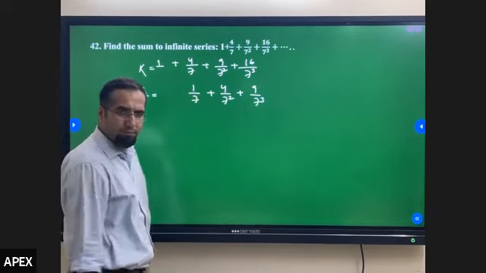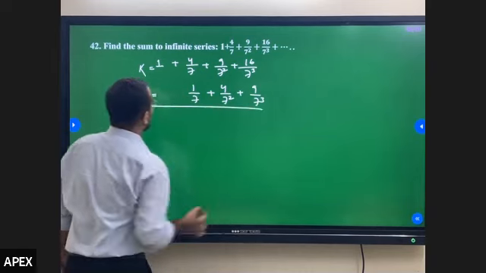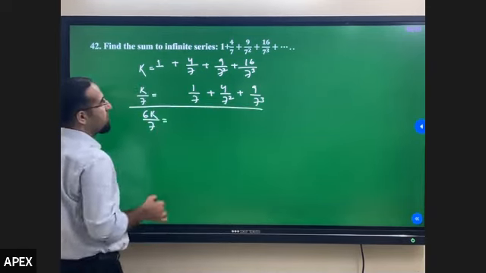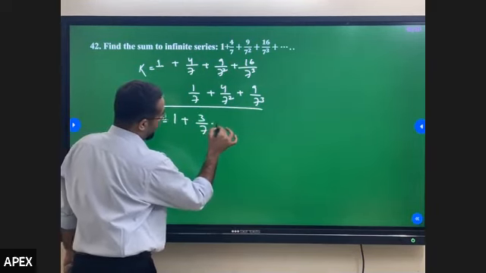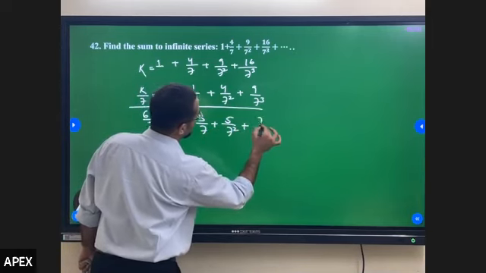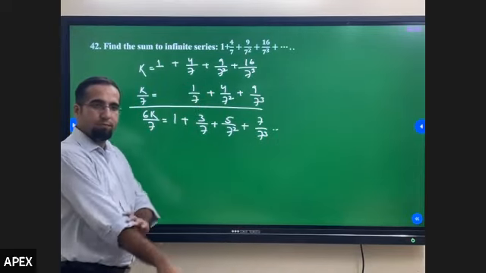If I quickly subtract these two, what do I get? I get 6k by 7 equal to 1 plus 3 by 7 plus 5 by 7 square plus 7 by 7 cube, and so on.